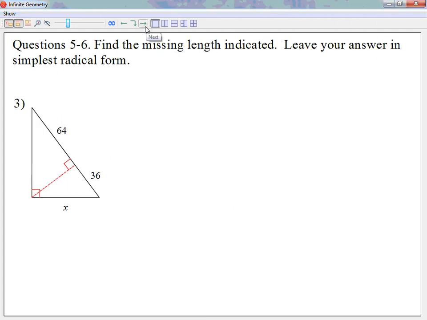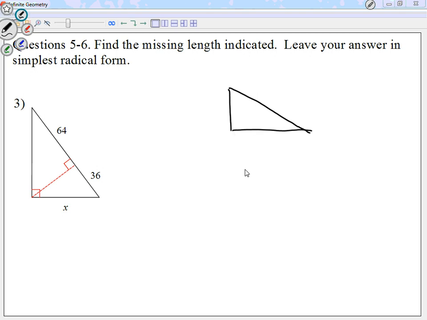Now this next one, questions 5 through 6 from the final, 3 on our review. Find the missing length indicated. Leave your answers in simplest radical form. Here, I know when we covered this figure, I told you guys that there were 3 triangles. We're really looking for only 2. So I'm going to draw 2 triangles here. I'm looking for 2 triangles where I can see 2 measurements.